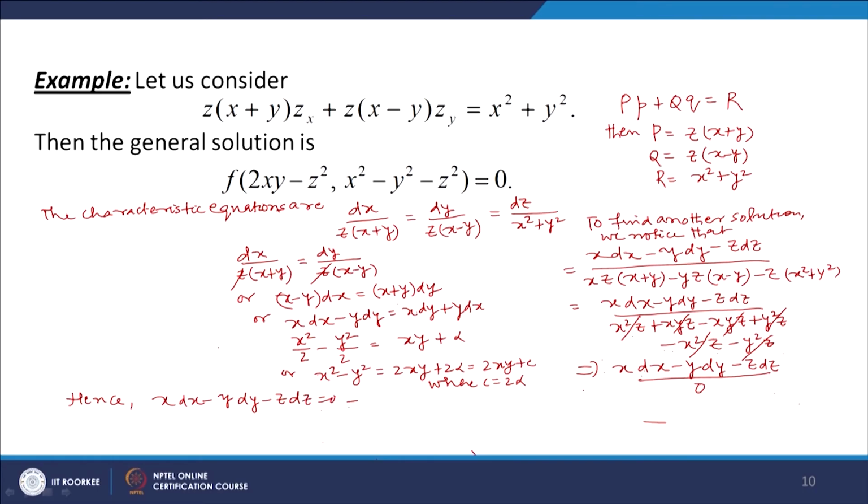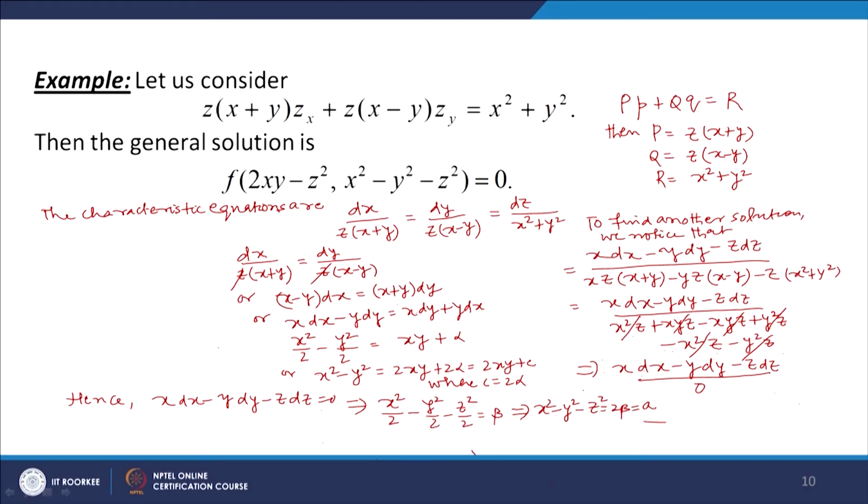When we integrate this, we get x square by 2 minus y square by 2 minus z square by 2 equal to some constant, let us say beta. So, this gives you x square minus y square minus z square equal to 2 beta, which we can take as say a.